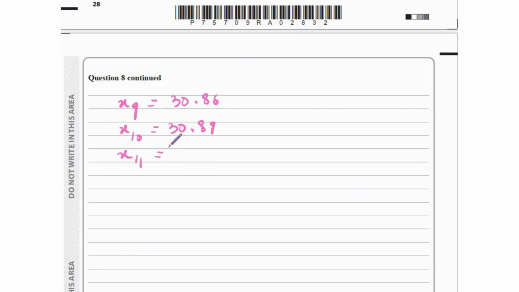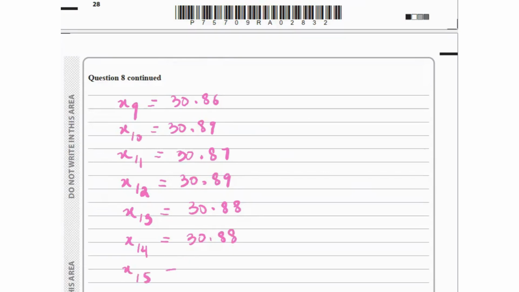The 11th is going to be 30.87. 12th is again 30.89. 13th is 30.88. 14th is 30.88, and so is the 15th, which means our value is 30.88. That is your answer, because after repeated iterations, 30.88 is the only value that is being repeated from the 13th onwards. So that's your answer.